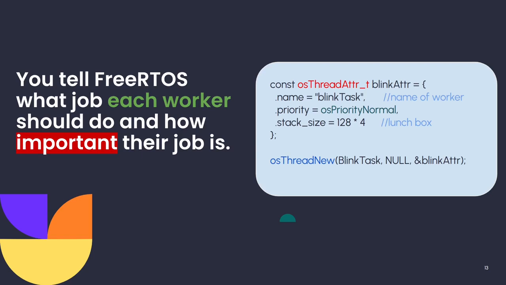We need to specify that. Once we provide these attributes and our task is already defined in the function, we create a new thread. This thread runs our task, attaching these attributes to it. This way, we create a task and run it in our world.